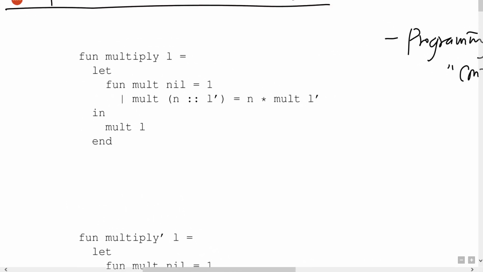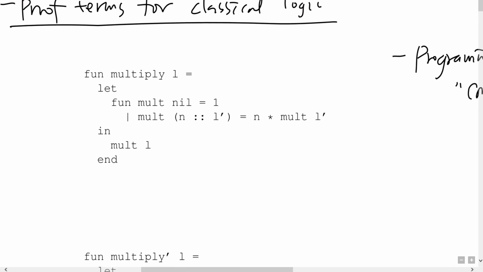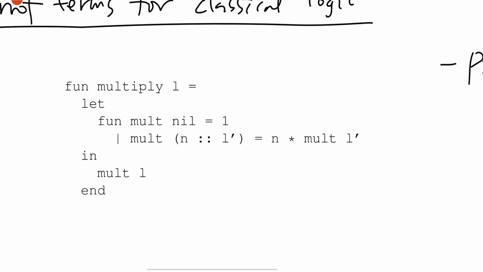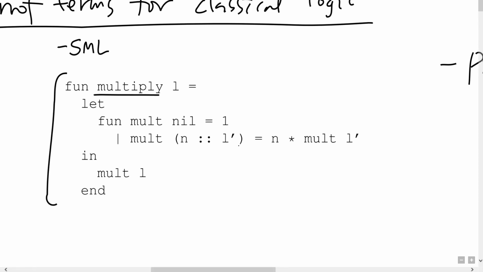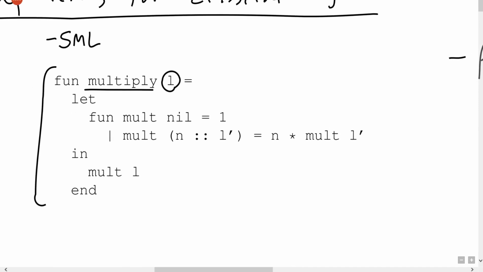So this is the prime example for motivating the development of continuations. This example is written in standard ML, which is similar to OCaml. This function multiply takes a list of integers and calculates the product of all the elements.